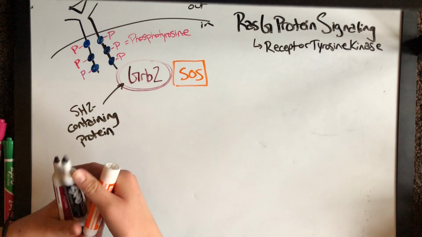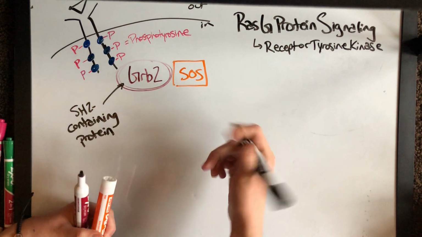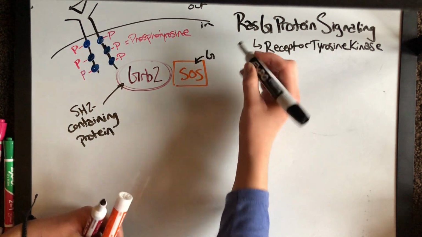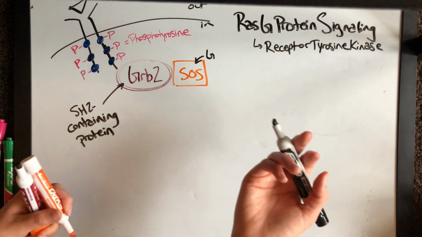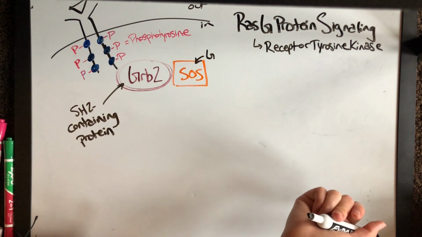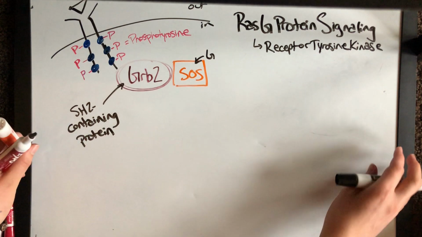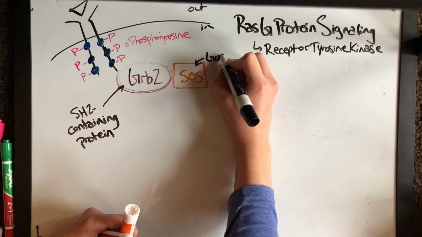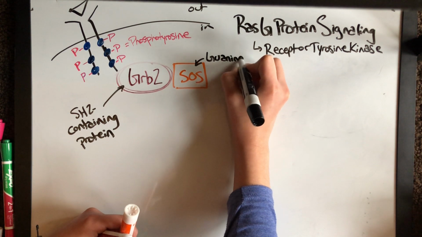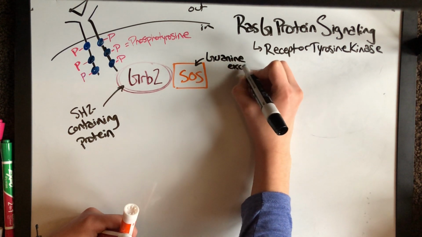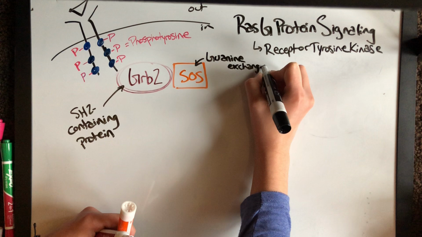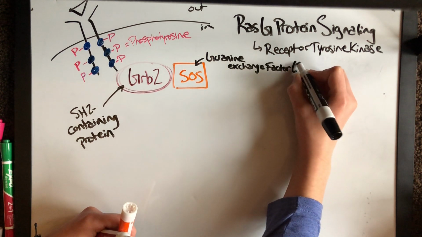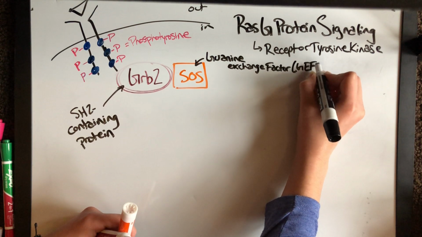Our SOS is a guanine exchange factor, which I'll explain in just a second what that means. So SOS has the ability within it to be a guanine exchange factor, which you can also abbreviate as a GEF.